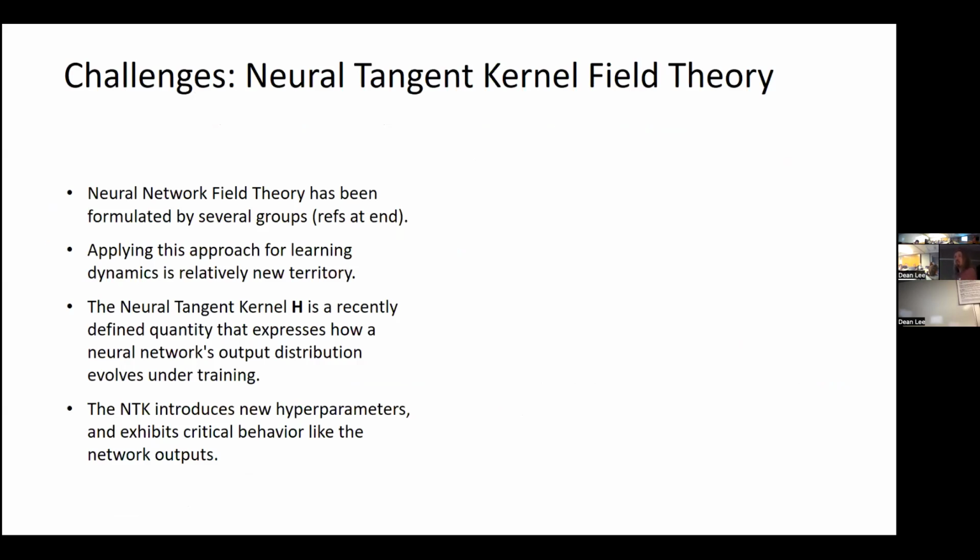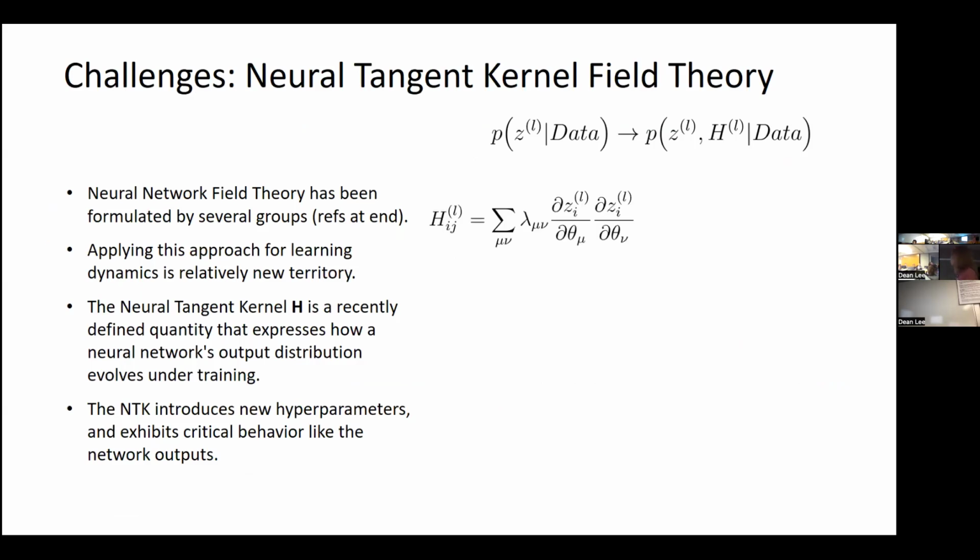This is all pre-training. Now there is more training that actually can be incorporated. Right now we have distributions of the outputs given the data. We aren't training anything, but we'd like to include the training in the form of this object called a neural tangent kernel, which basically just talks about how a neural network's output distribution evolves during training.